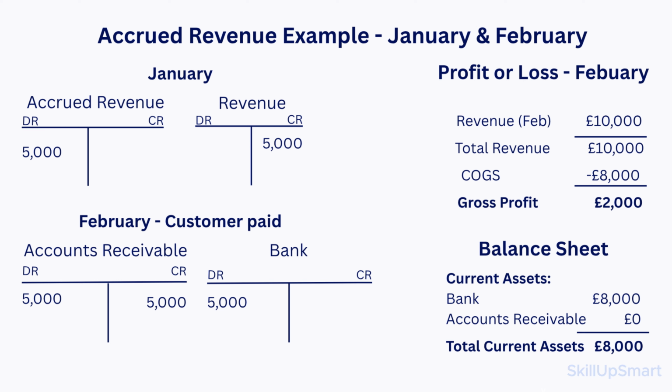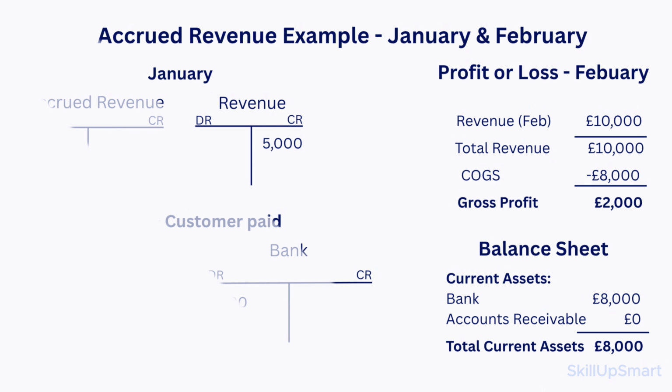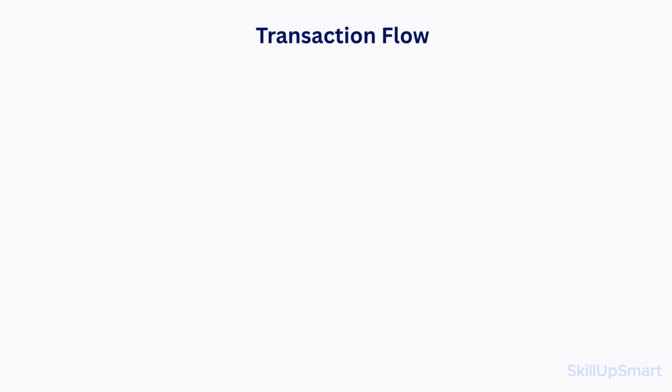Now let's assume the customer pays. Bank receives £5,000. Journal is debit bank £5,000 and credit accounts receivable £5,000. Again, no revenue appears. Revenue was recognized back in January. This transaction simply converts accounts receivable into cash. Let's look at the full transaction flow.